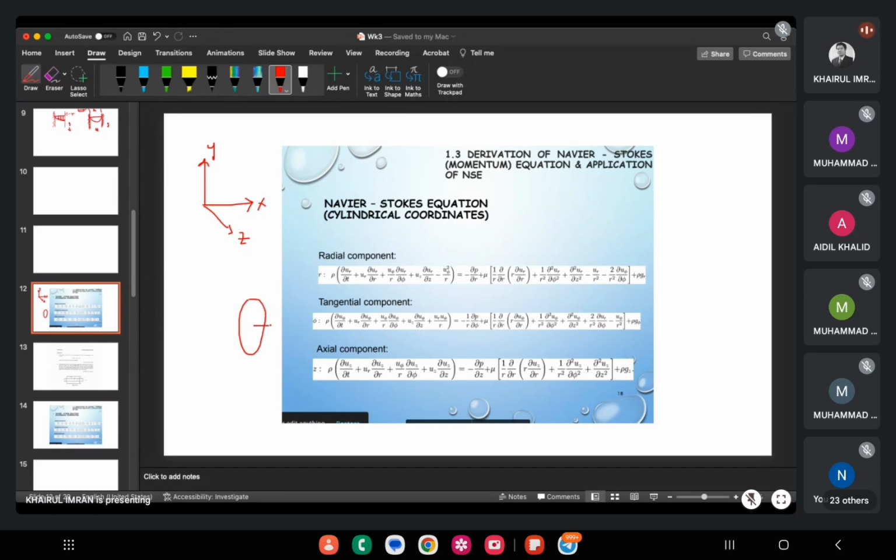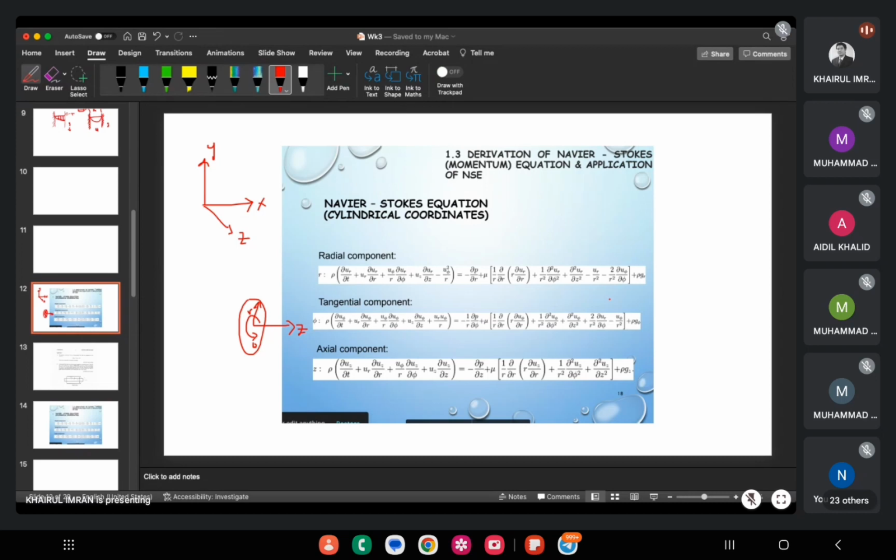Okay. So you have z direction, and then you have your r radial direction, and then you have your theta angular motion or angular direction. So r, z, and theta. Okay.